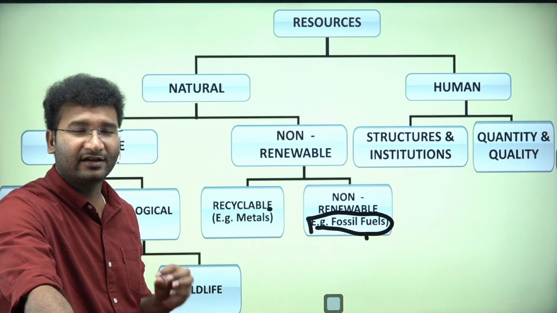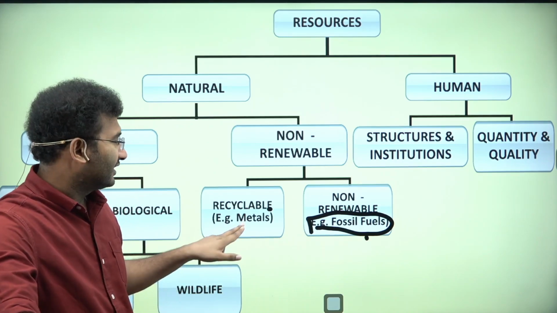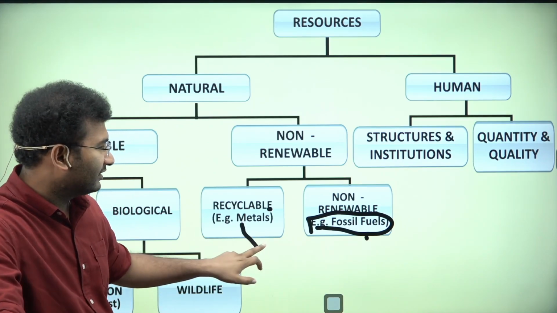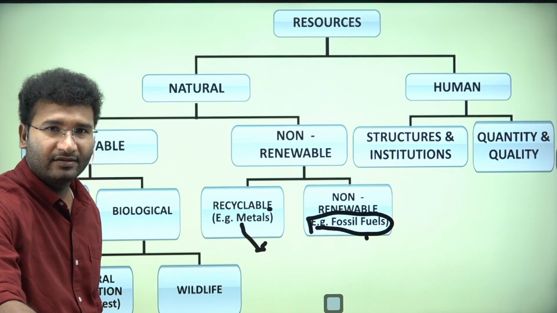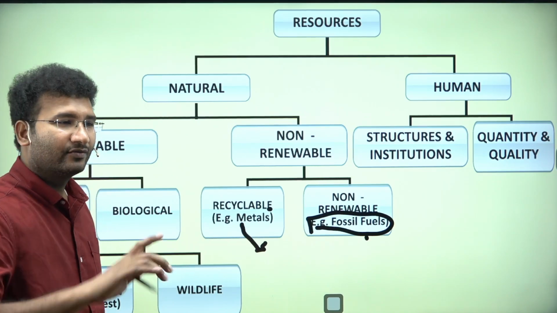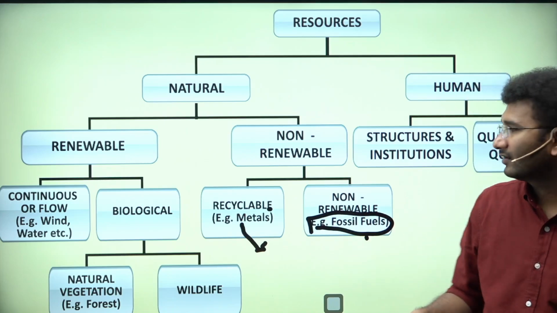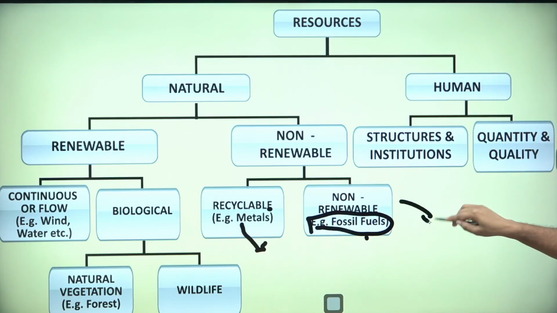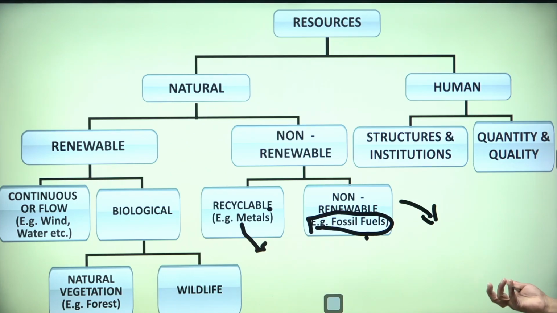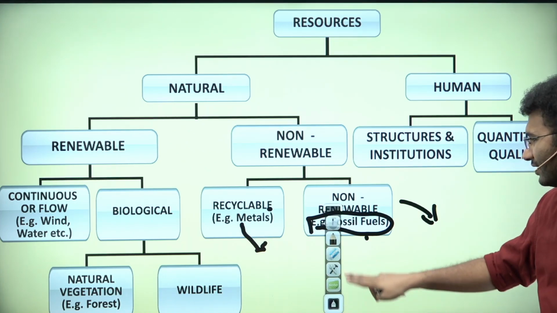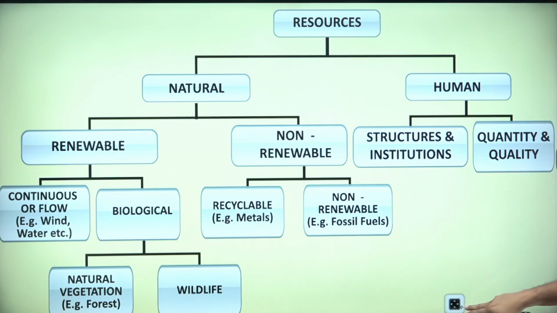Recyclability and renewability are not the same. For example, recyclable minerals are something which you can use in a continuous manner. You can cycle it. Whereas non-renewable, they are also called fossil fuels. If you use it, you cannot get it back again, right? Example, coal is there, petroleum is there, right? These are some of the examples.